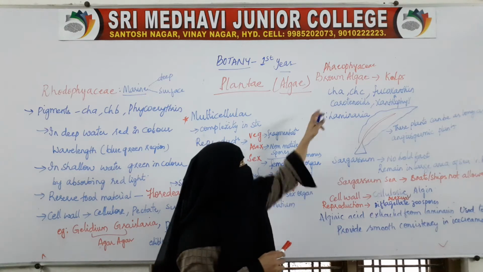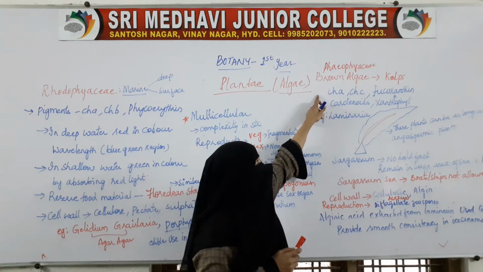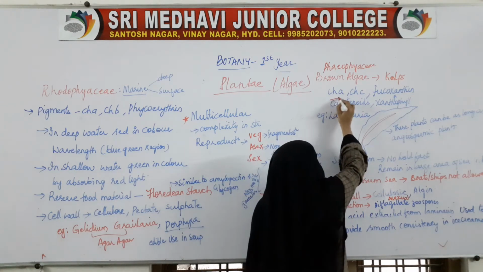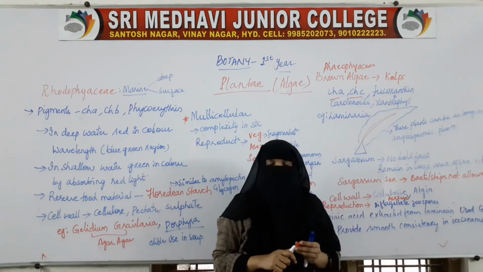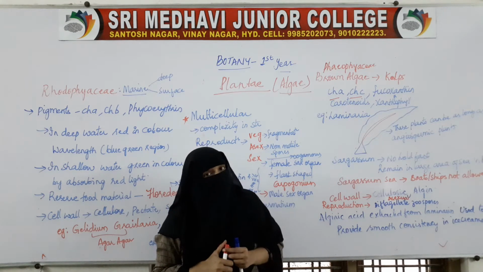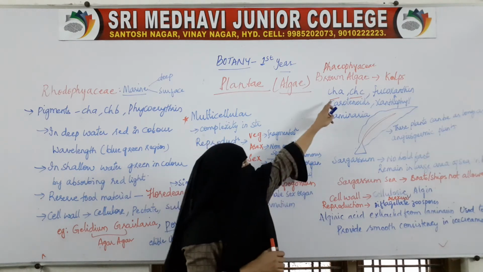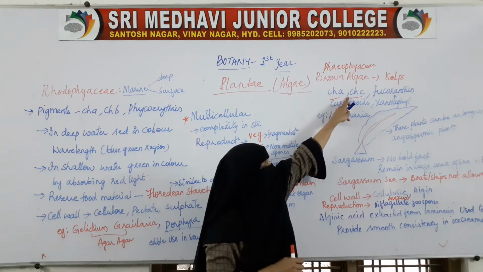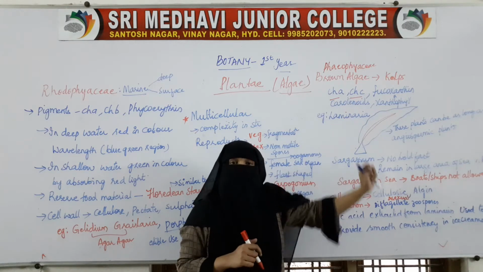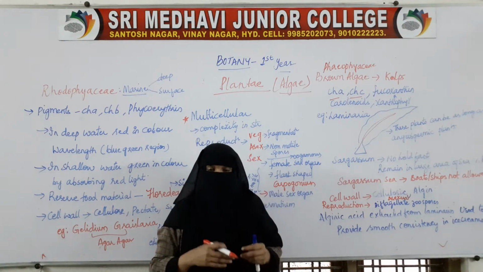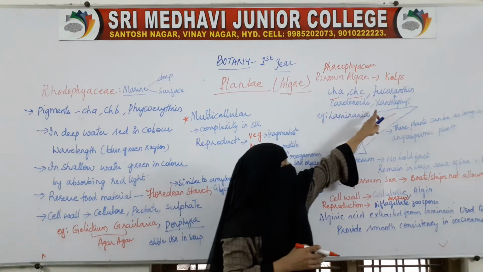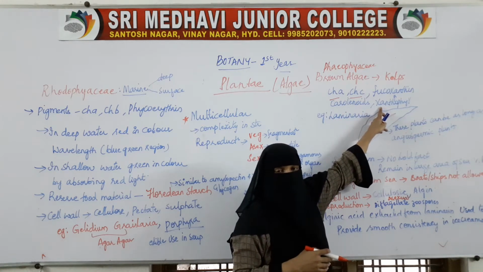As it is chlorophyllous, it will have chlorophyll, that is chlorophyll A and chlorophyll C. But along with chlorophyll A and C, other prominent pigments which are in more concentration are carotenoids and xanthophylls.